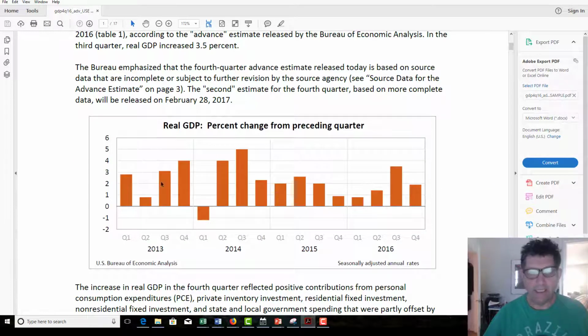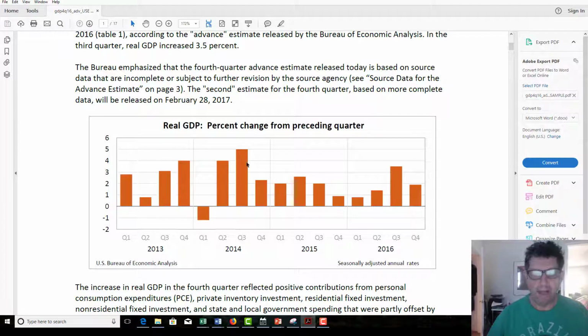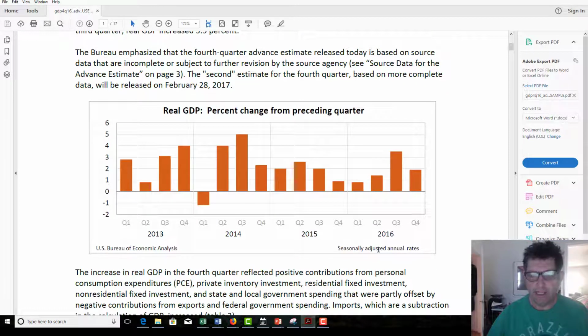you is this nice bar chart. It shows you how GDP goes up and goes down. I should mention that this is seasonally adjusted at annual rates. So, for example, this number here looks like around maybe 3.3%.